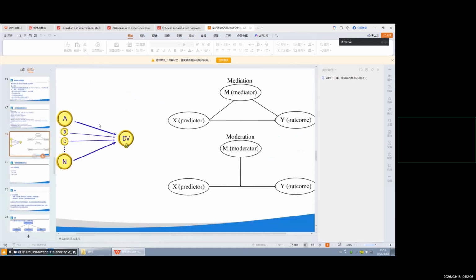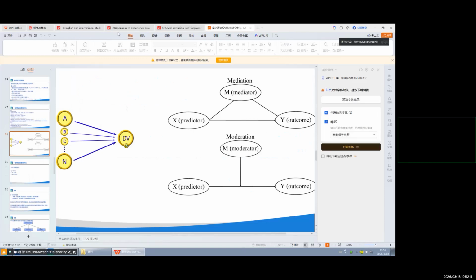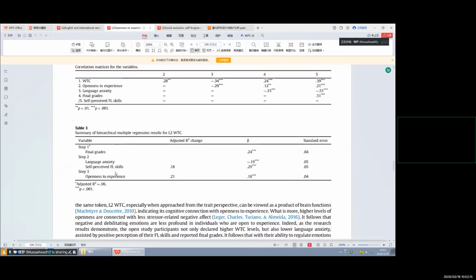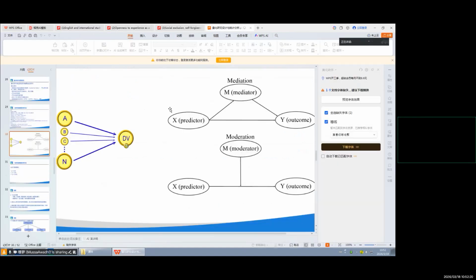I can show you this picture. This article examines this kind of relationship, right? In this figure, A, B, C, D are all independent variables, right?